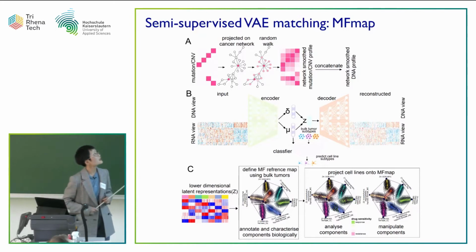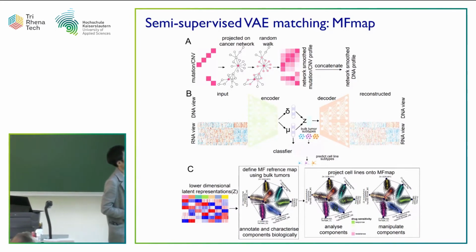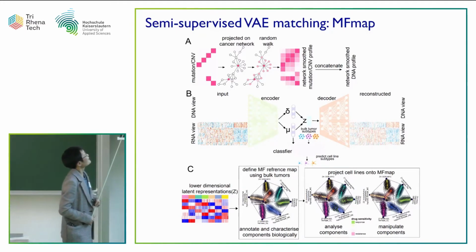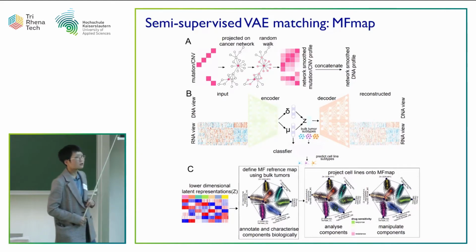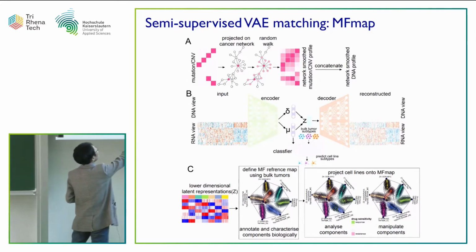What I show here is our workflow. We first project those very heterogeneous datasets, including copy number and the mutation profile, onto an annotated pathway network.